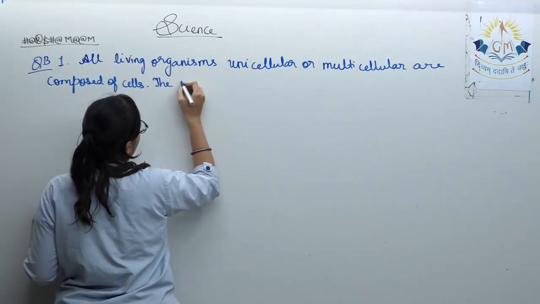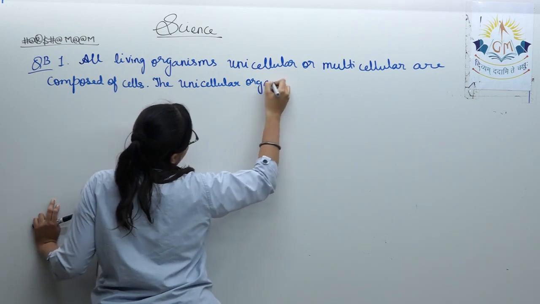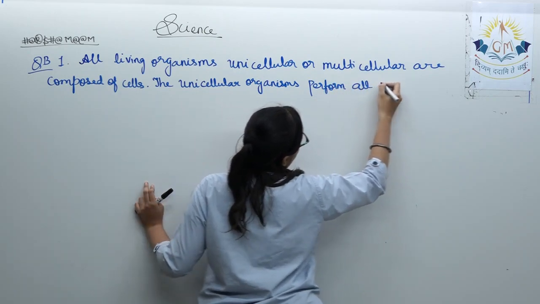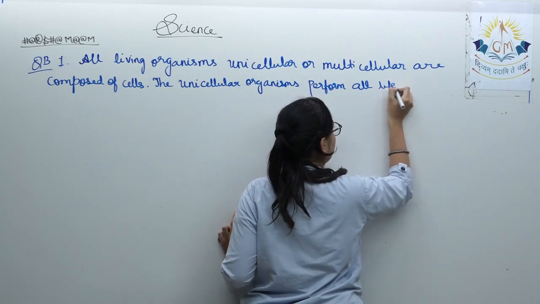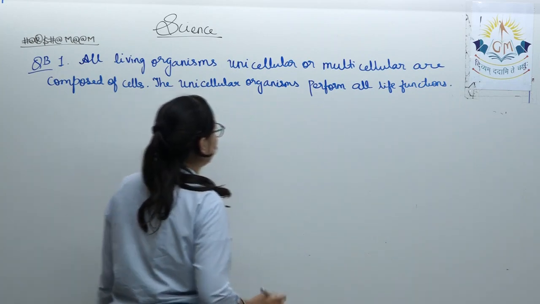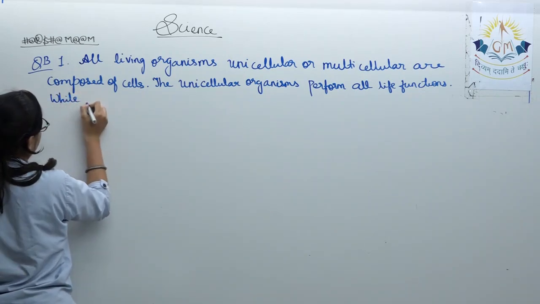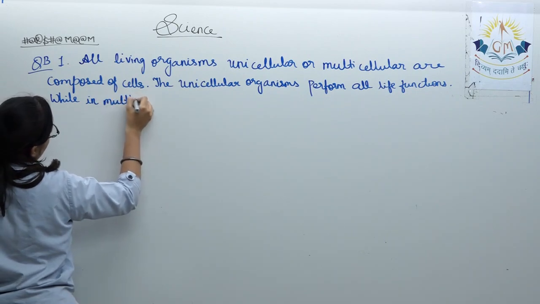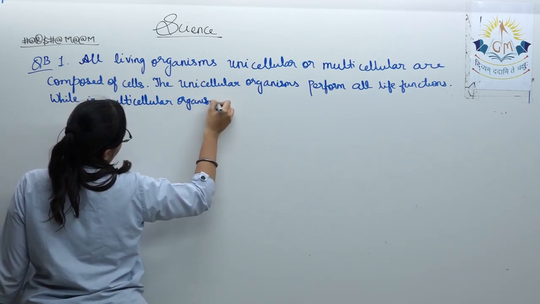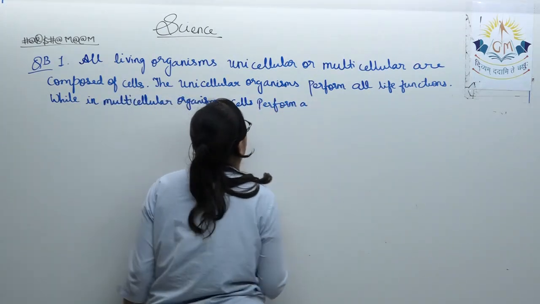The unicellular organisms perform all life functions, so over here there is only one single cell, while in a multicellular organism, cells perform a specialized task.